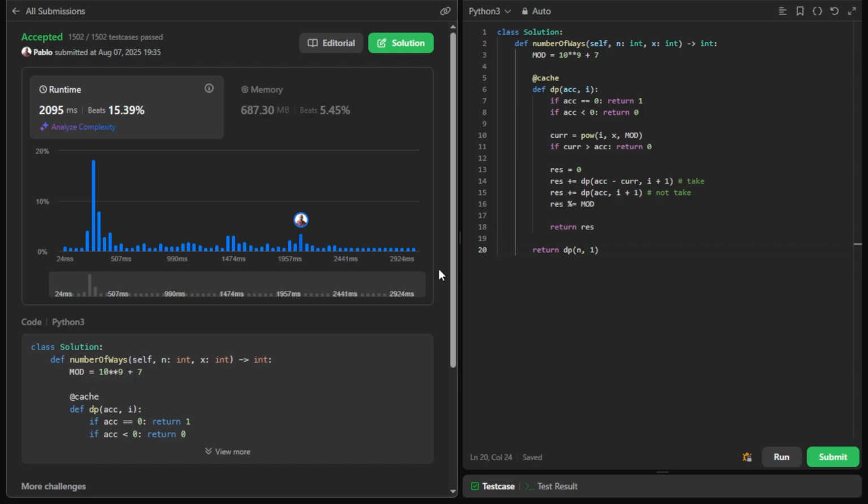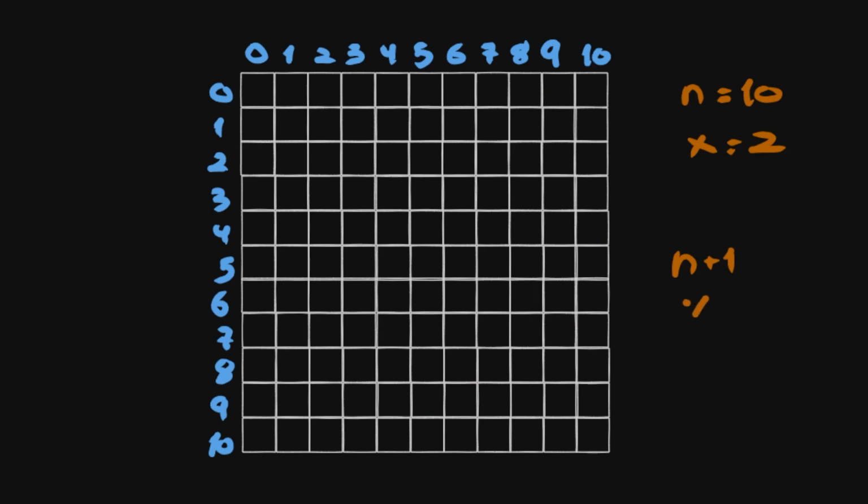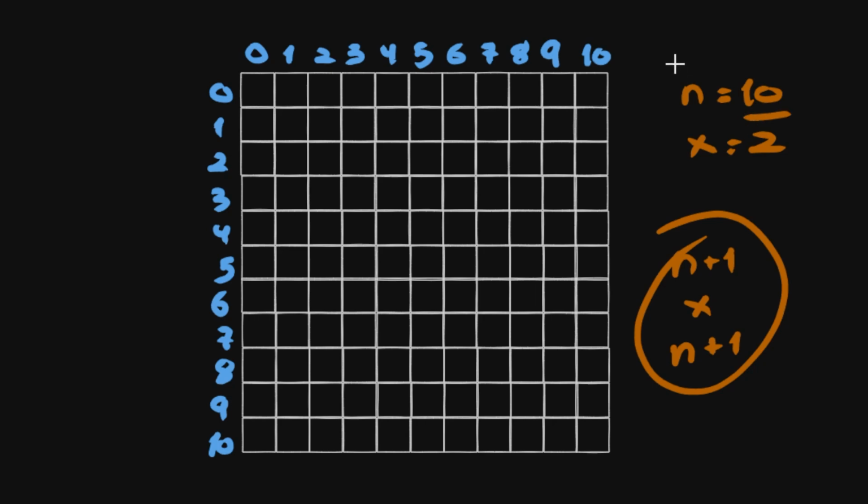So as you can see, this works, but we have a way to make this more efficient. So next I will show you the iterative approach. Now let's say we have this DP grid of size n plus 1 times n plus 1. Remember, in our example n is 10 and we need to include 10 in the grid, that's why we do this.